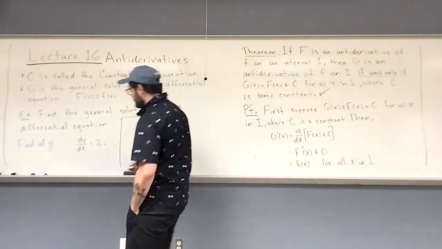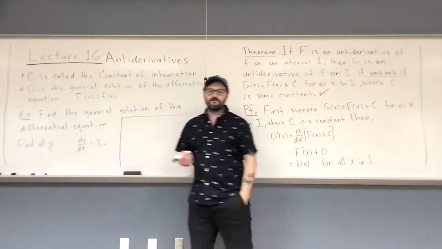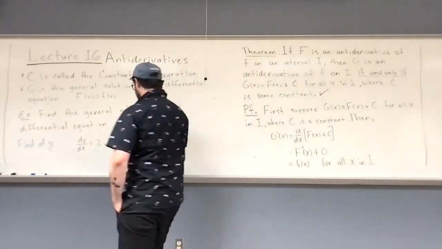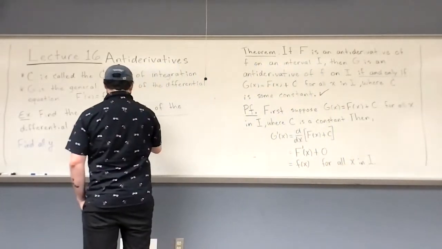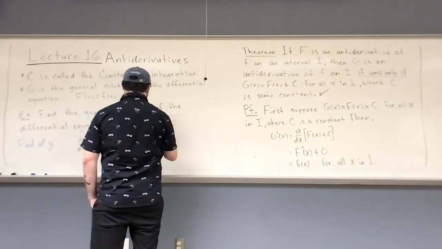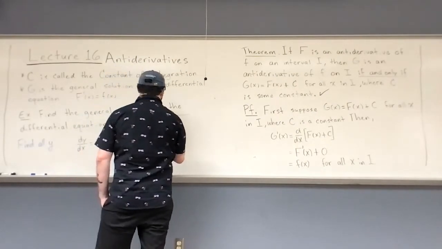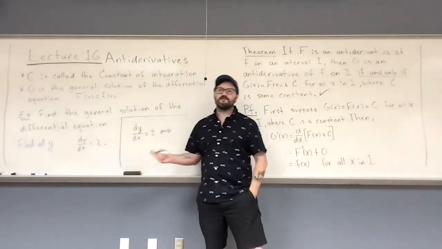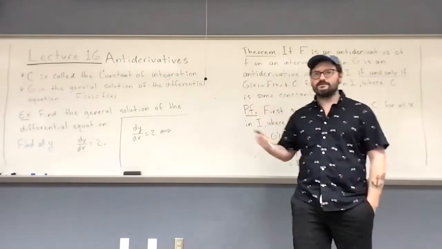So I think this might be a good place to introduce notation, though. When thinking about this type of problem, dy dx equals 2, it might help to multiply both sides by the differential dx, the difference in x. That's what dx means.